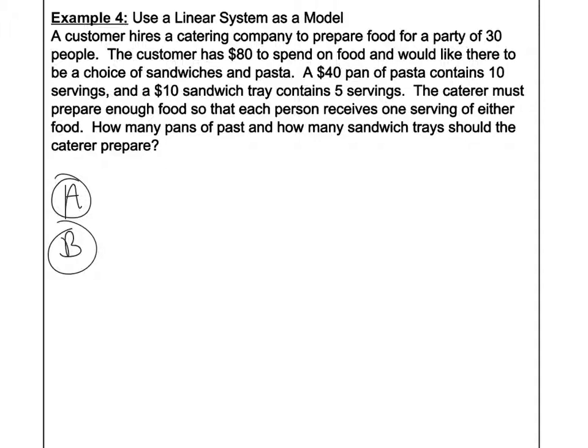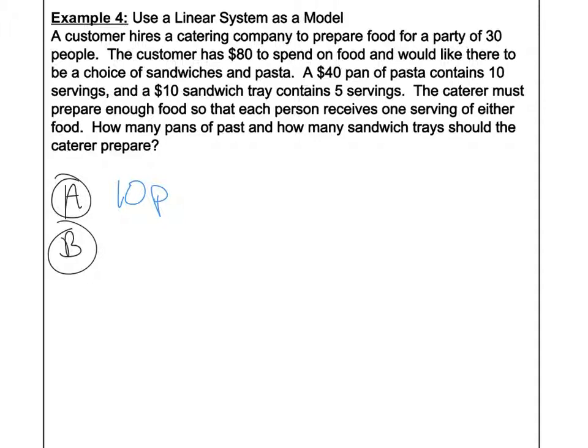Where does it say? $40 pan. Whoops, a $40 pan of pasta contains 10 servings. So we're going to use P for pasta. So 10 servings times P for pasta.